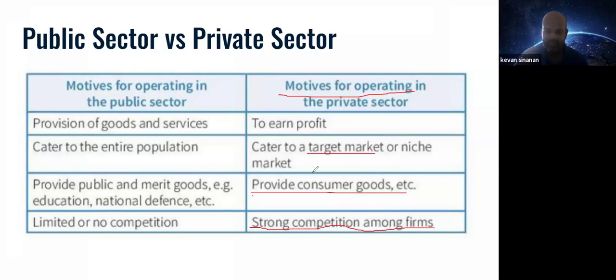Okay, so in the private sector, another motive is to provide consumer goods, even services, and there's strong competition among firms. Strong competition among firms basically means, if you set up a grocery, pay attention to this new trend that I'm seeing, and I don't know if anybody else would have noticed this, especially with supermarkets.